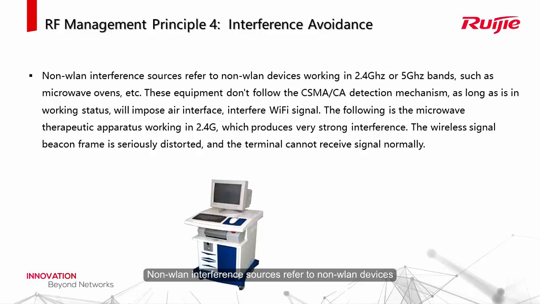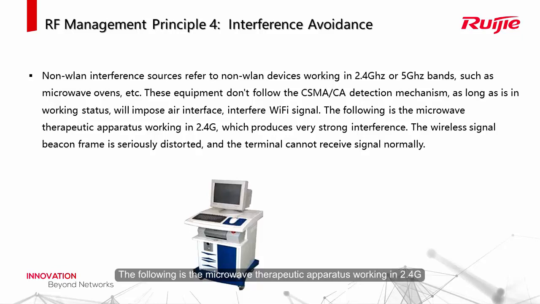Non-WLAN interference sources refer to non-WLAN devices working in the 2.4 GHz or 5 GHz bands, such as microwave ovens, Bluetooth, etc. These devices do not follow the CSMA/CA detection mechanism and will not take the initiative to back off. As long as they are in working status, they will occupy the air interface and interfere with the Wi-Fi signal, affecting the wireless experience.